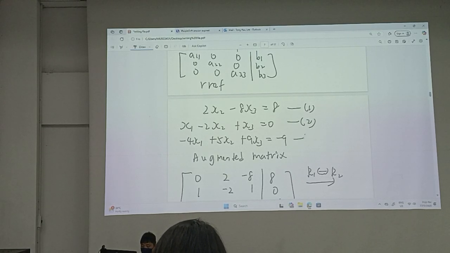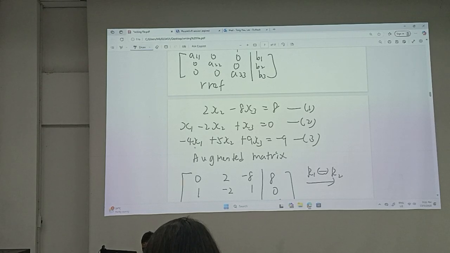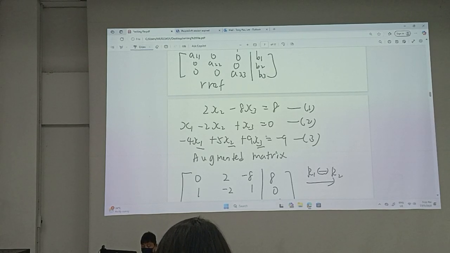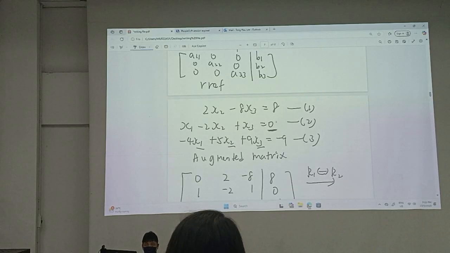Plug in S1, S2, S3. For example, into equation number 3: if you get negative 9, which means your answer is correct. Plug into equation number 2, you get 0, which means your answer is correct. Take one of the equations, plug in.